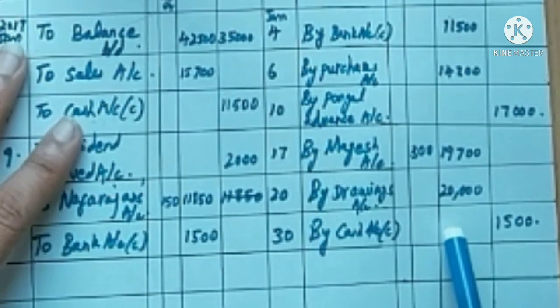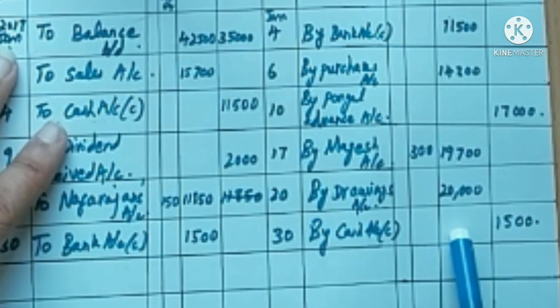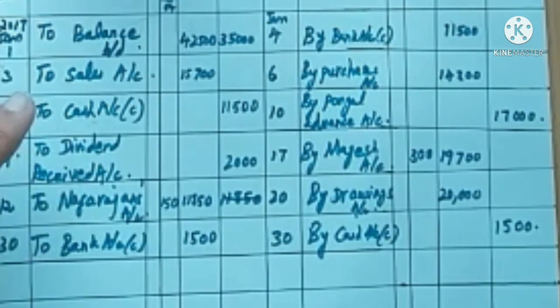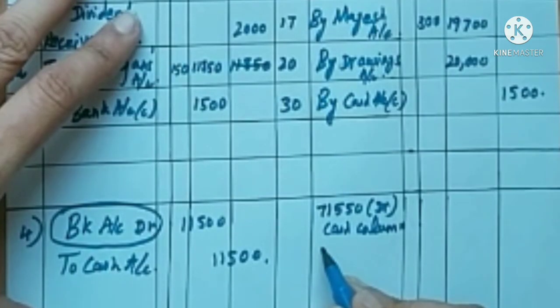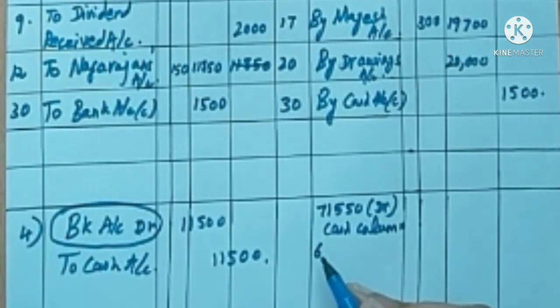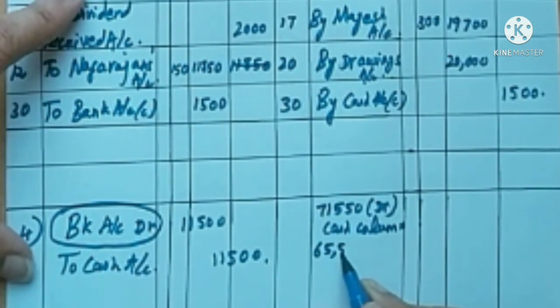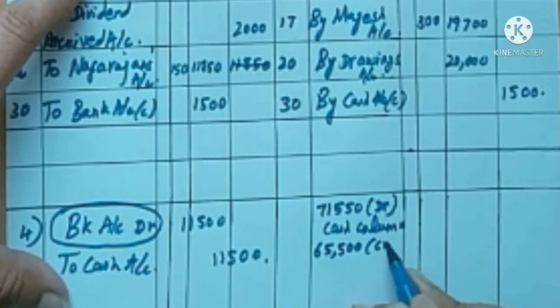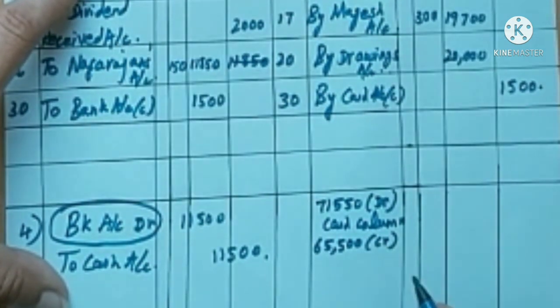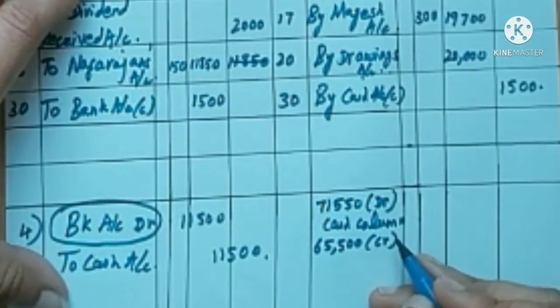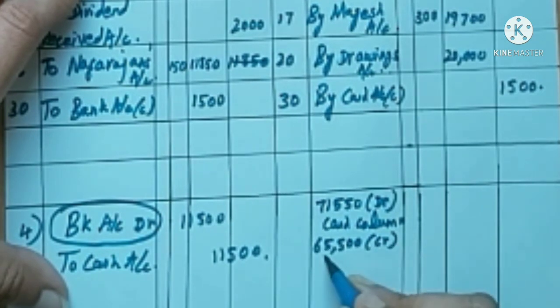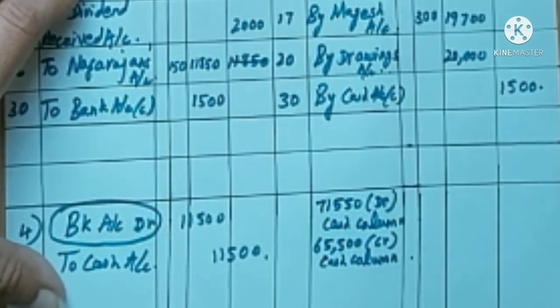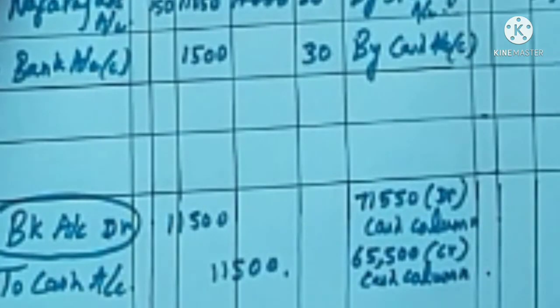Again I am going to total the credit side of the cash book, the cash column alone. When I total, I get rupees 65,500. That is the credit side, cash column. Remember, cash column.